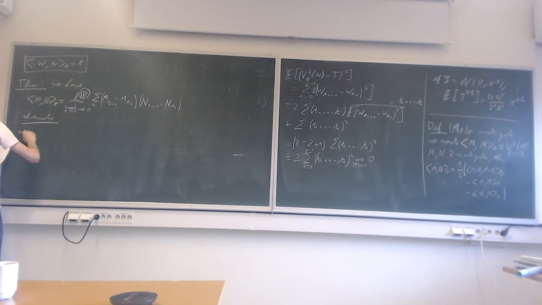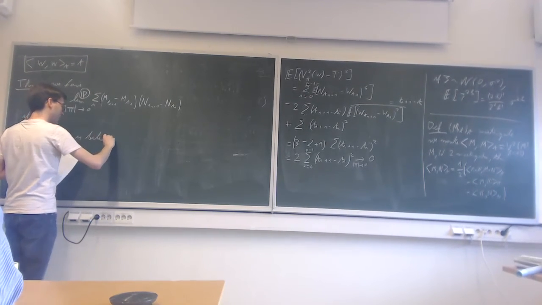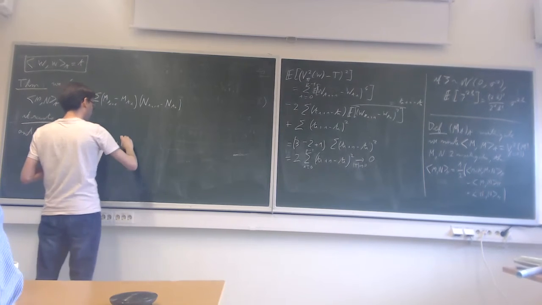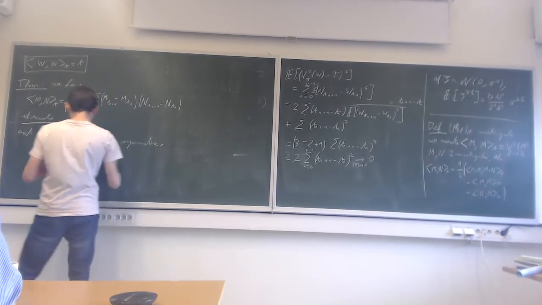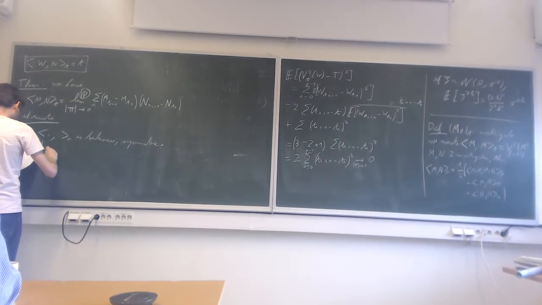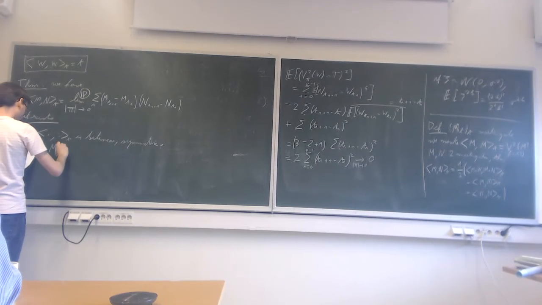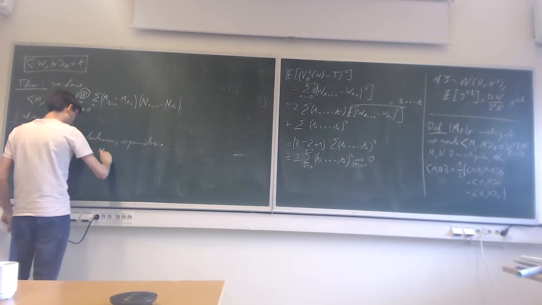And the martingale bracket is bilinear. And most importantly, n_t squared minus the bracket of n at t is a martingale.